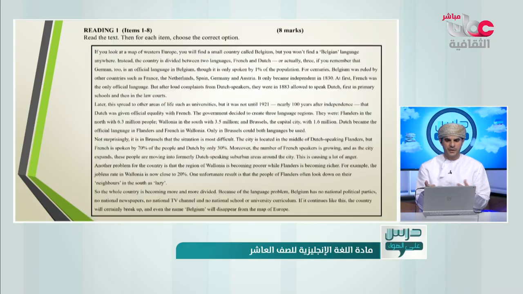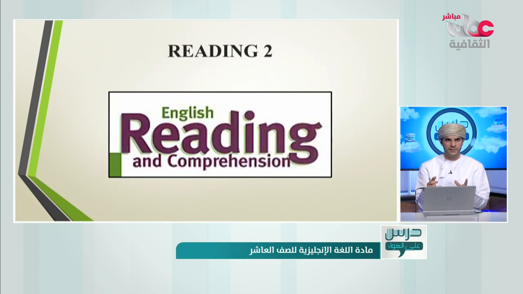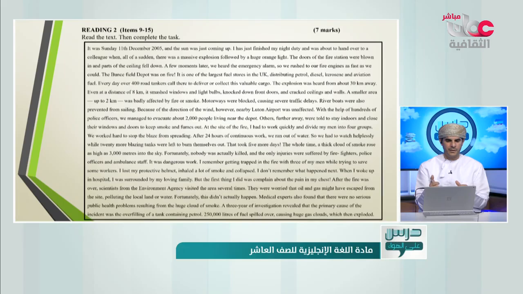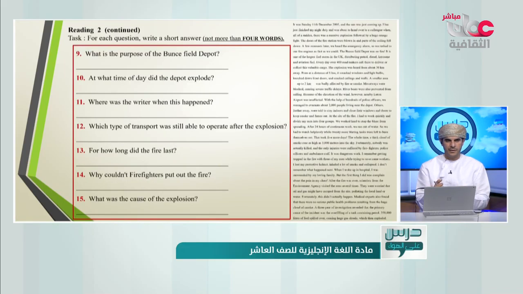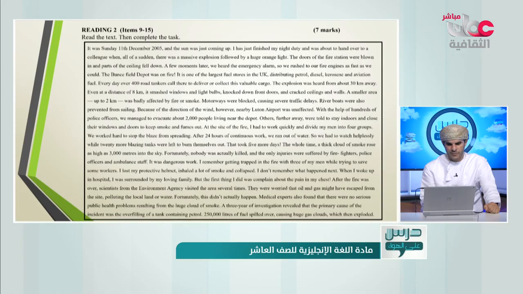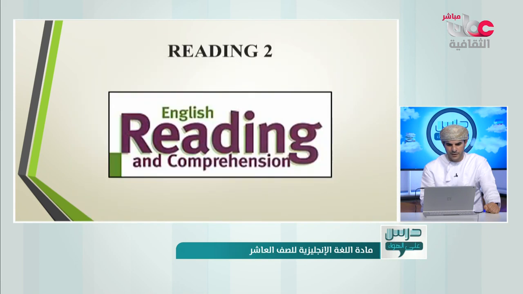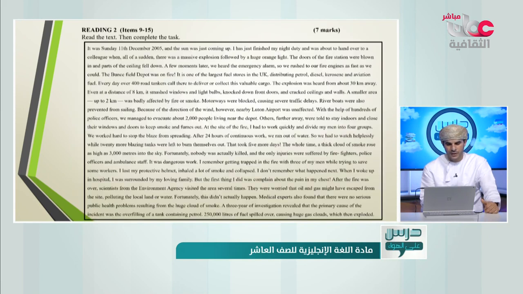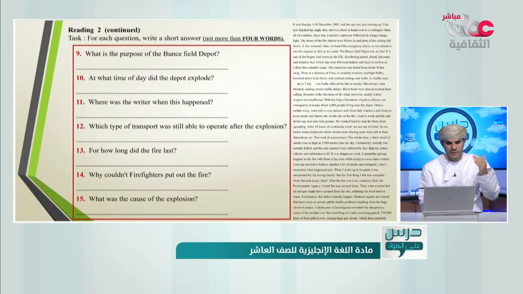This is how to answer reading text. First, read the questions, then read the text. Questions, then text. Now let's go to Reading 2, because we are running out of time. Reading 2 with WH questions.